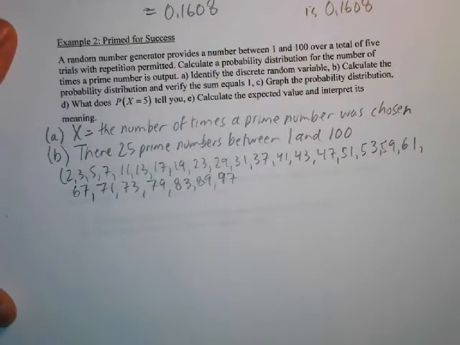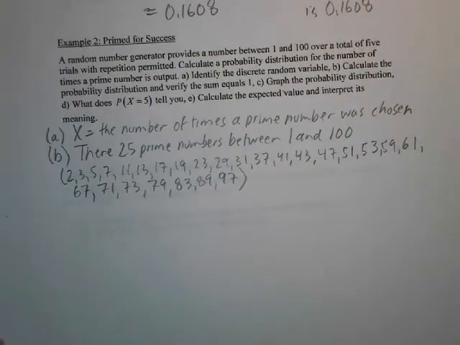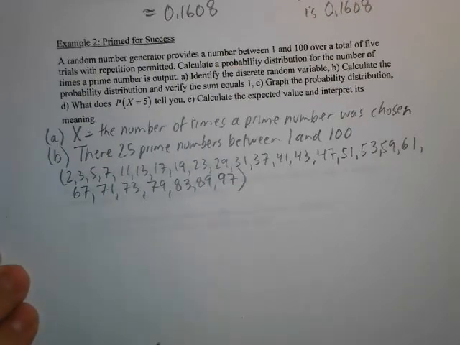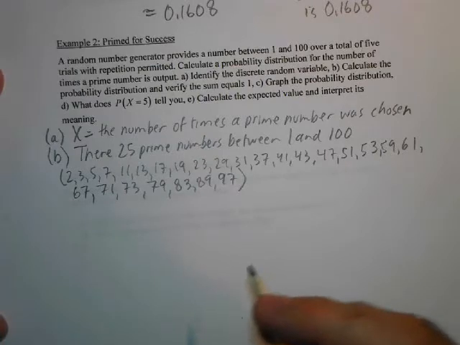All the other 90s are factor numbers, or non-prime numbers. So if you count these up, just trust me, that should be 25. If it's not, I apologize. The correct answer is 25.